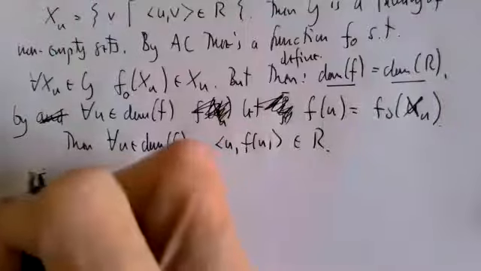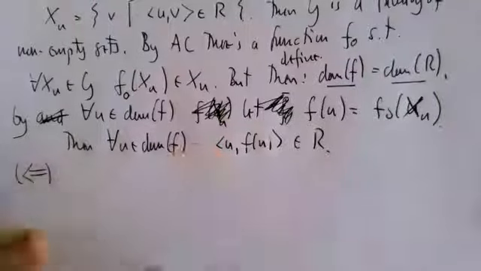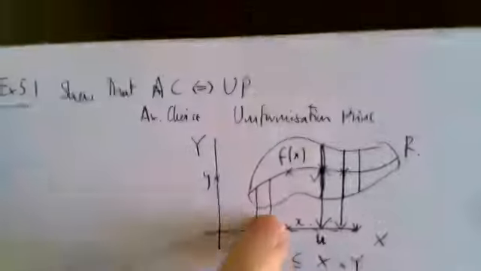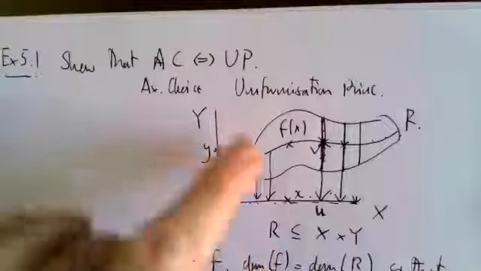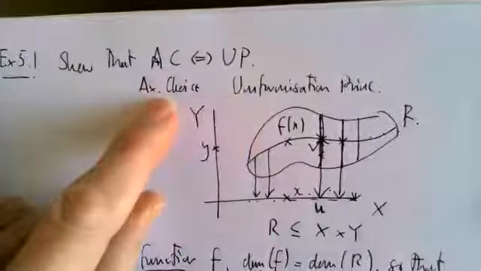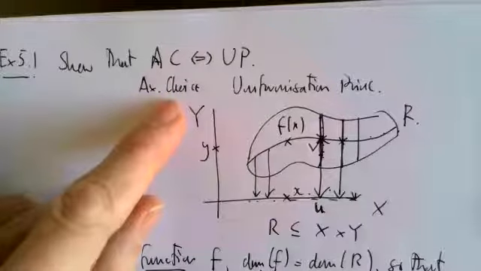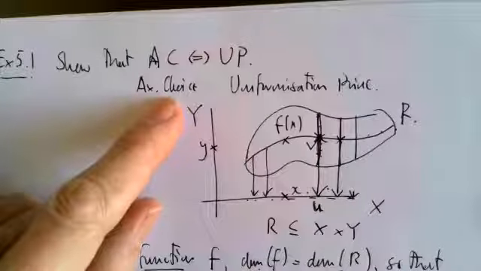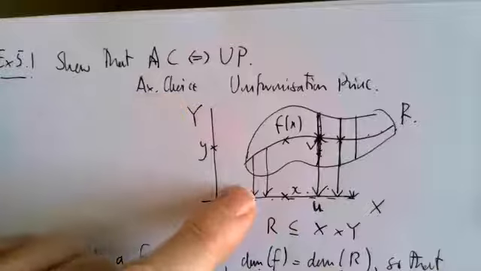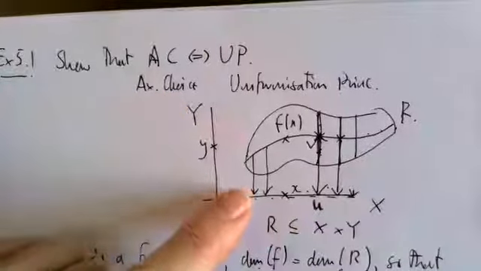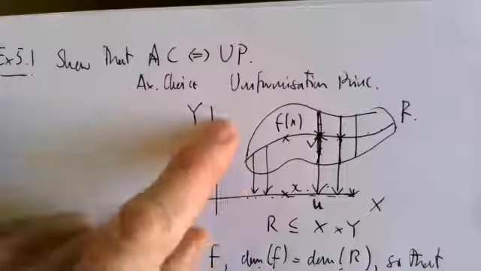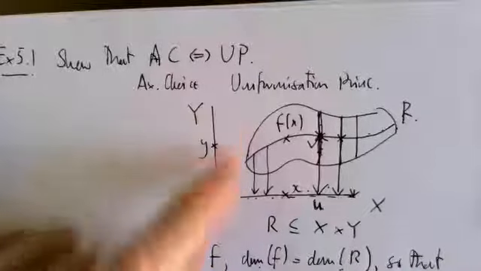Okay, the other direction. We've got to use this idea, uniformization, to find a choice function for a general non-empty family of sets. So what we'll do is try and dress it up so that I can apply UP.